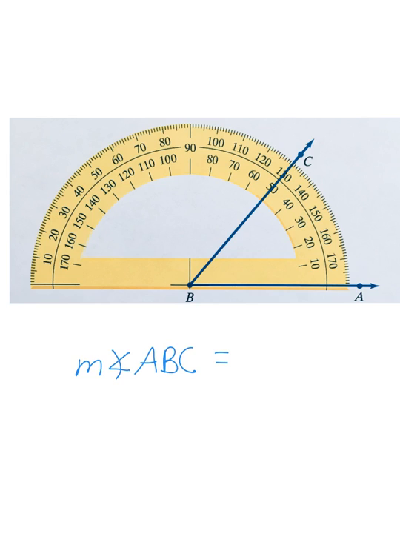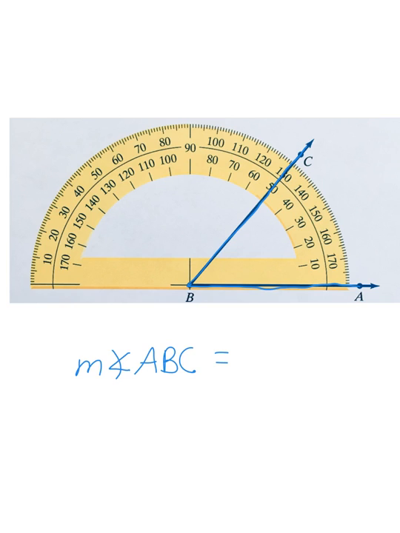So if I follow A to B to C, I see that that last ray, that terminal side, goes through two numbers, a smaller number and a bigger number. When I say smaller, I mean a number less than 90, and bigger meaning a number bigger than 90. So you're going to have two choices.